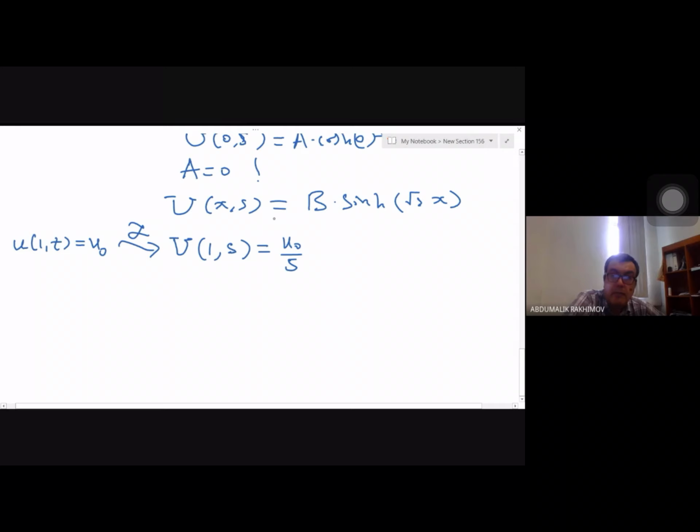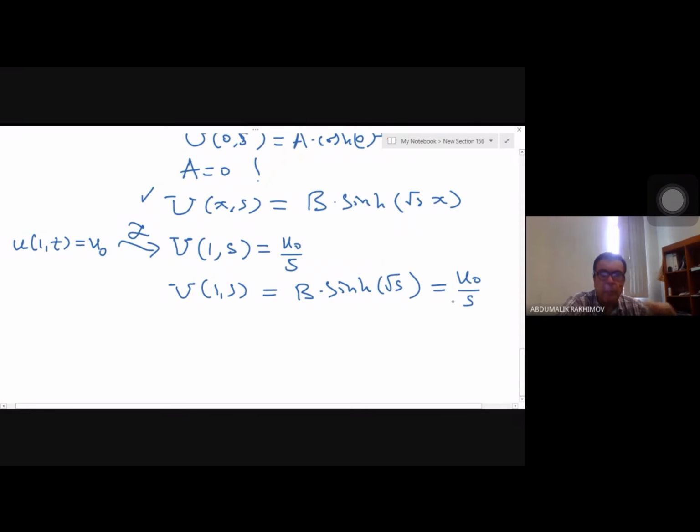Now let me write the same thing for this. U(1,s) equals b times sine hyperbolic root of s, since x is 1, and this must be equal to U0 over s.